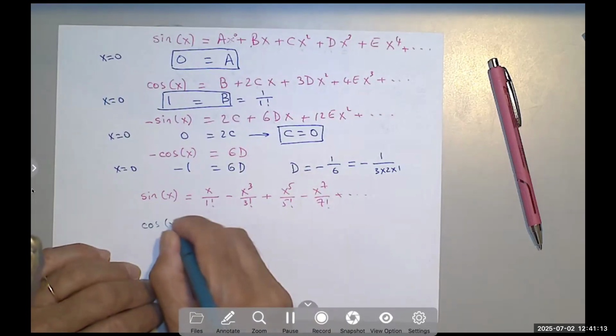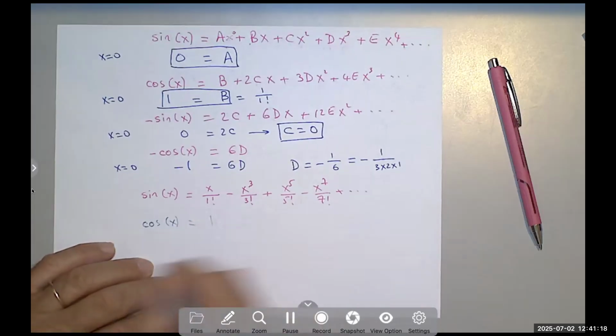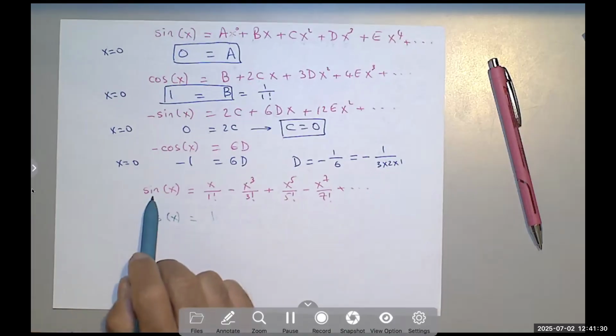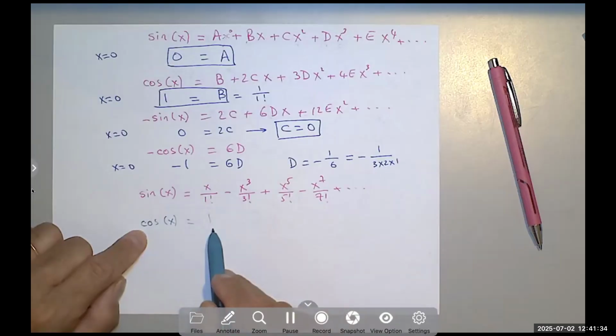So cosine of x would be 1. Another way to deduce that or to check your work is that after you find the sine series, you take the derivative of sine, you get cosine. The derivative of x is 1, and 1 over 1 factorial is 1.